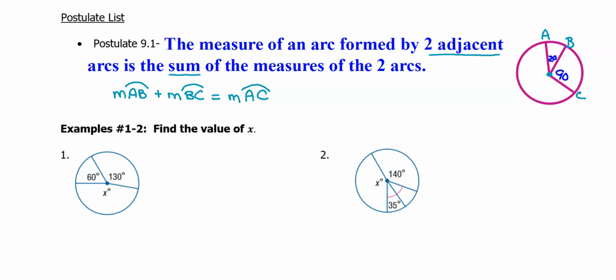For examples 1 and 2, keep in mind a circle adds up to 360 degrees. So if I take all these central angles here, x plus the 60 plus the 130 degrees, all three of those angles has to make my full circle of 360. Since I want to find out what x is, I'm going to combine like terms and say 190 equals 360.